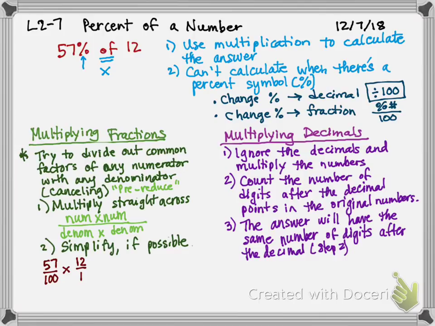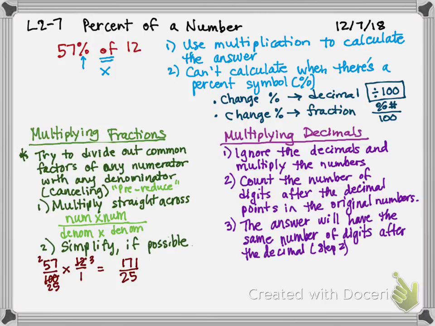Now I'm going to see if there's anything I can reduce, and I know that both 12 and 100 have a 4 in common, so 12 divided by 4 is 3, 100 divided by 4 is 25. And then we're going to multiply straight across, and we get 57 times 3. 3 times 7 is 21, and then 3 times 5 is 15, plus 2 is 17. And then I have over 25.